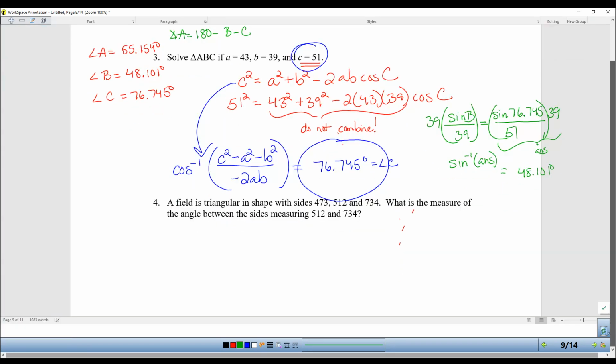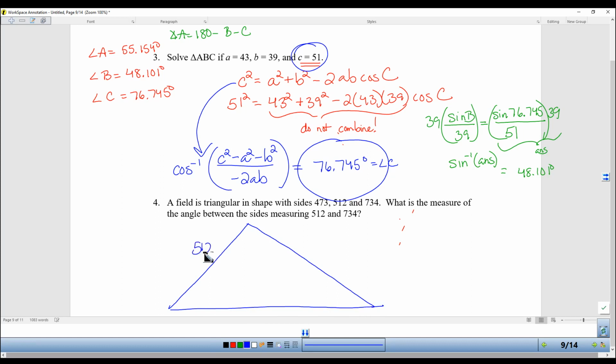So let's put that into a word problem. A field is triangular in shape with sides 473, 512, and 734. What is the measure of the angle between the sides measuring 512 and 734?